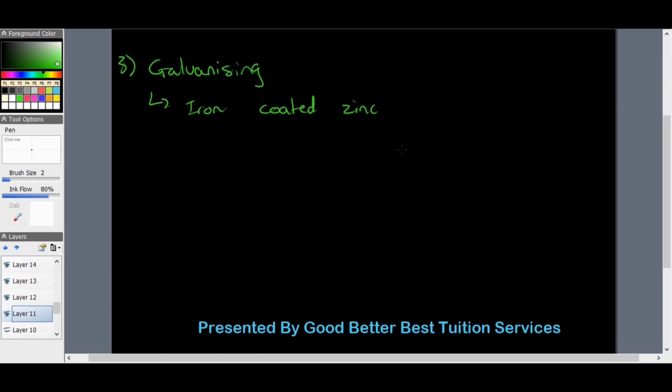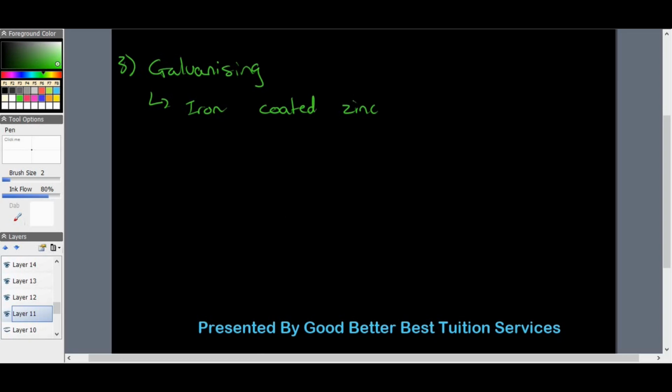So to summarize this, we're going to put together a table that describes some examples of electroplating that is used to prevent iron and steel structures from rusting. It's a very short table. It's only got four things in there, and this table is a great way of summarizing everything that we have just looked at.